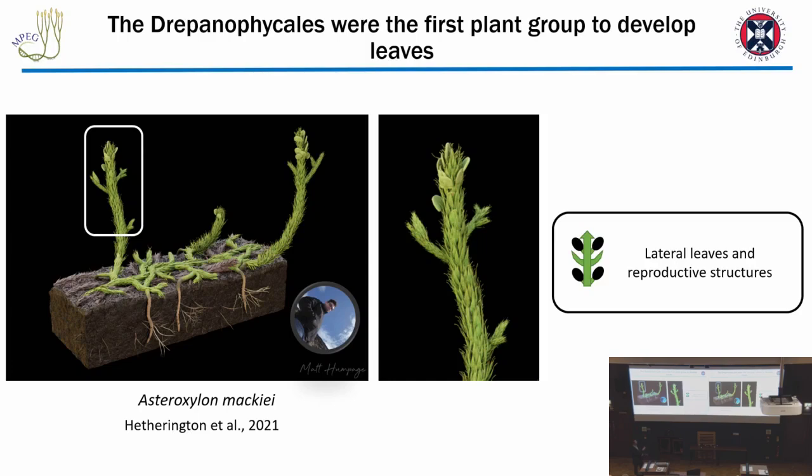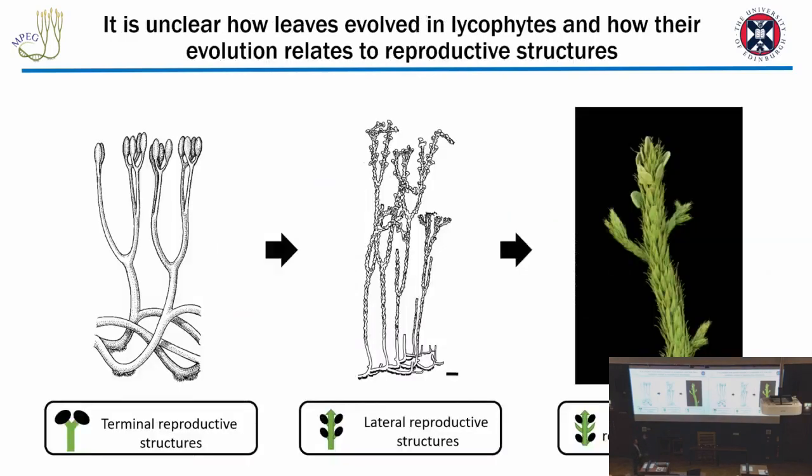These are in lateral positions, but now there's also an entirely new organ, leaves. And so just from looking at these early fossils, we begin to see what could be interpreted as a kind of transformation series, where we go from these plants that have terminal reproductive structures to lateral reproductive structures, and then finally to lateral leaves and reproductive structures.